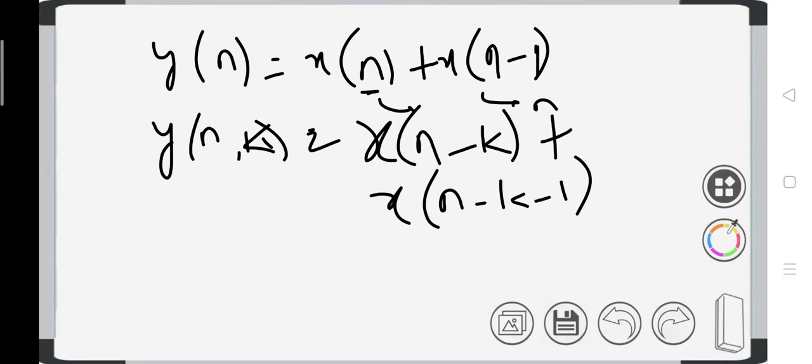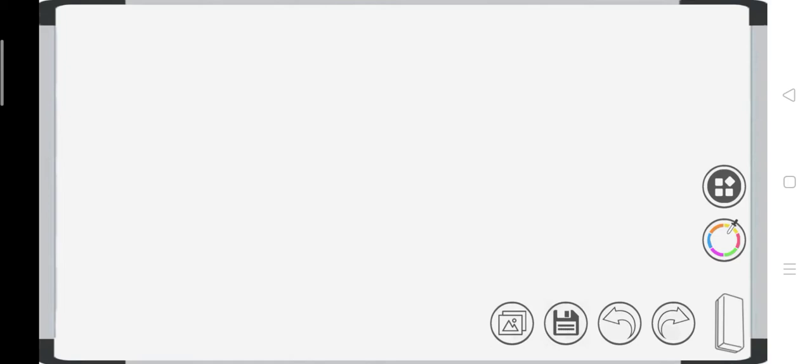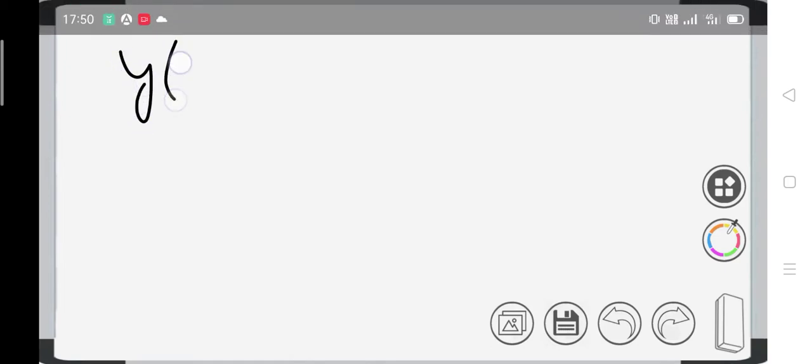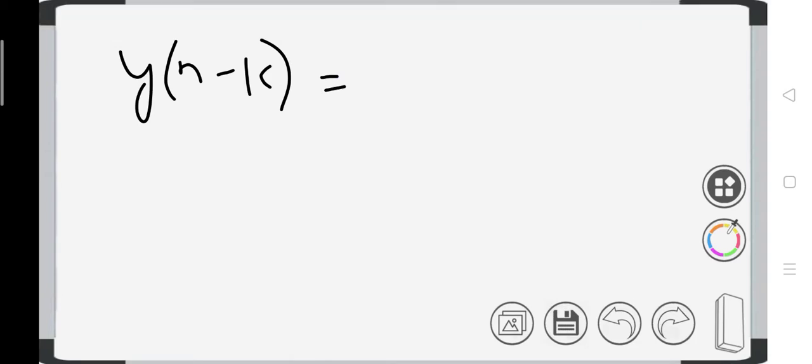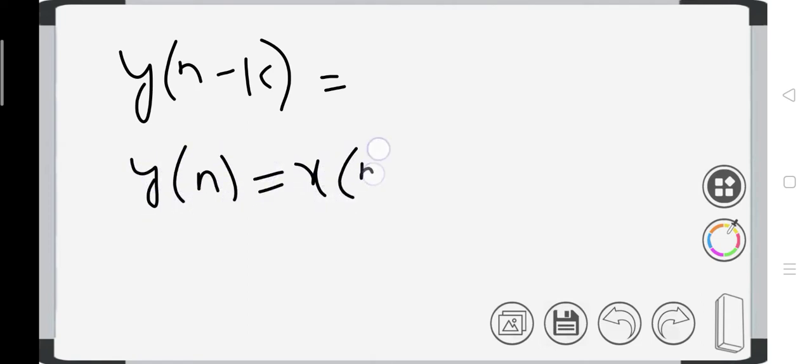Next, the second step is we have to delay the output sequence by k samples, that is y of n minus k. Y of n minus k means the output sequence we have to delay. What is the question given? y of n is x of n plus x of n minus 1.